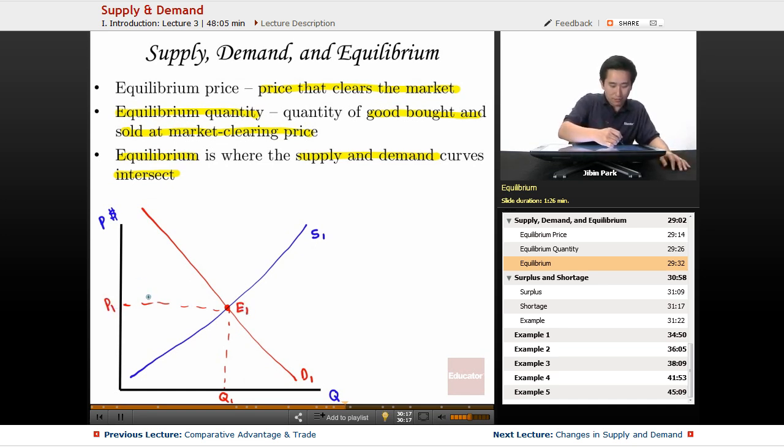So for example, if the price is going to be greater than the equilibrium price, you're going to basically have a situation where you have excess supply. So people are going to supply more than they're going to demand at that point here. Now, if you have the price below the equilibrium, then you're going to have a shortage because the sellers are going to sell out, and the quantity demanded is going to be greater than the quantity supplied. So the way that the market functions is that where supply and demand equal in this theoretical construct, that's where the equilibrium is.